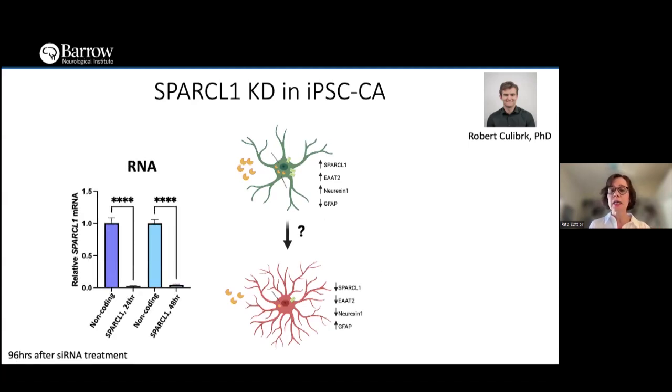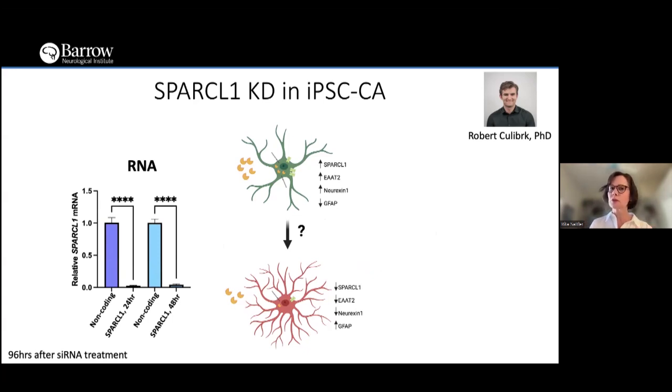The way we're starting with this, and this is really hot off the plate, I just wanted to throw it in to also recognize Robert's work on this. We're knocking down SPARKLE1 in iPSC astrocytes, and we already have this ongoing, but I don't have any data yet.